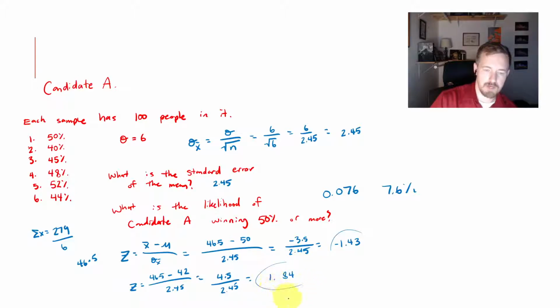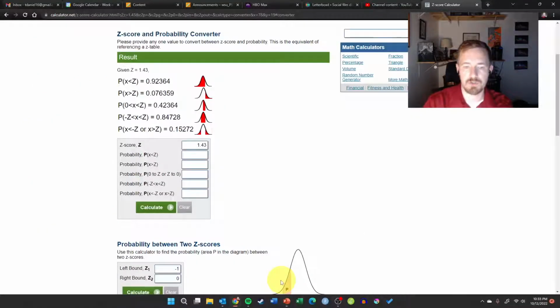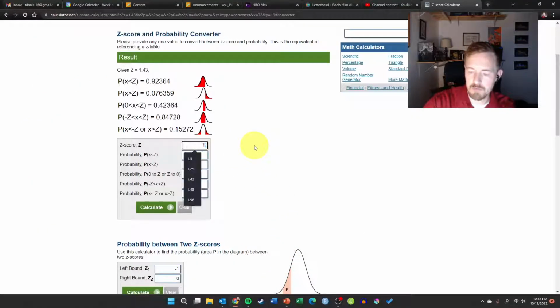So what is the likelihood that we score 42 or less? And remember, 42 is less than what we are expecting candidate A to do, so we can expect that it's going to be on the lower tail of the curve, right? It's going to be below the mean. That might be helpful. So I'm going to plug in 1.84 now.